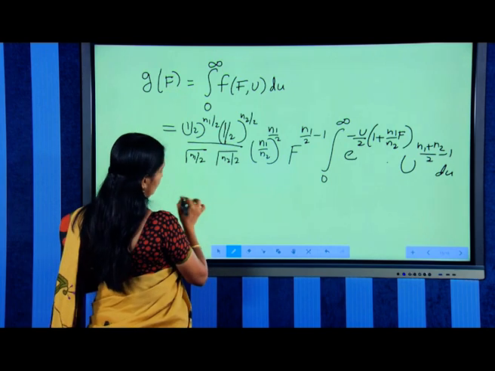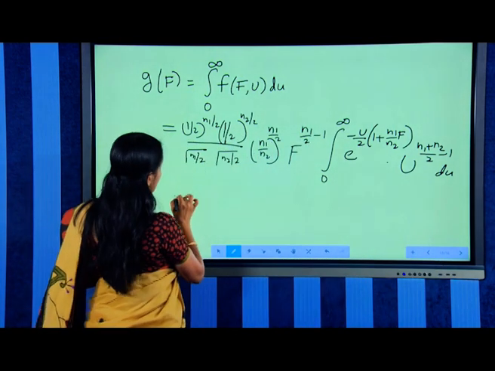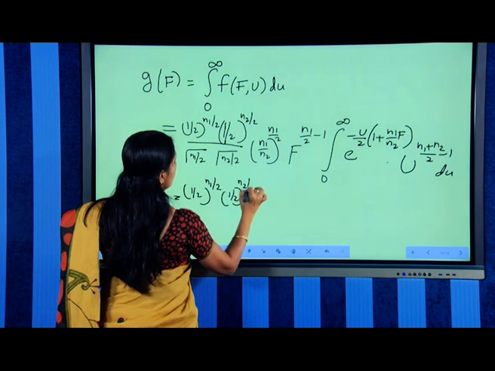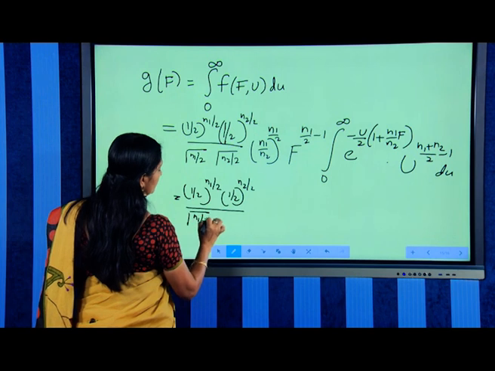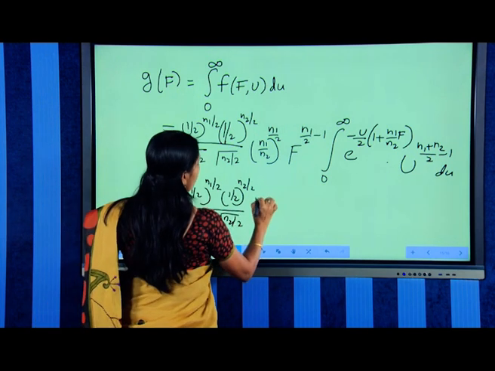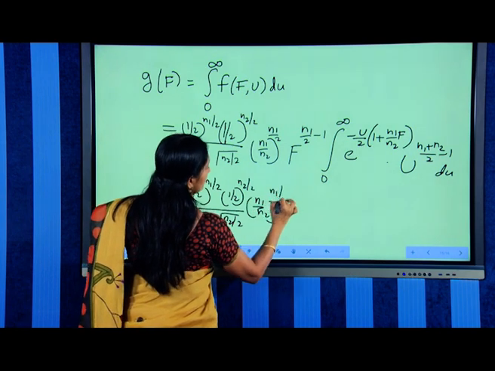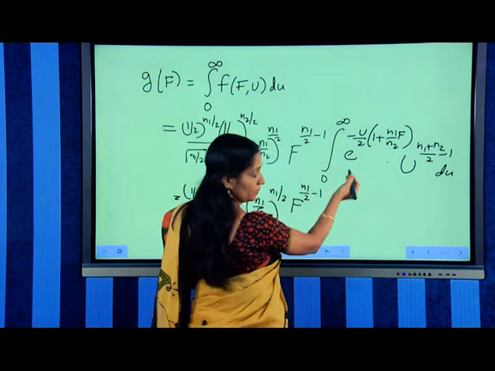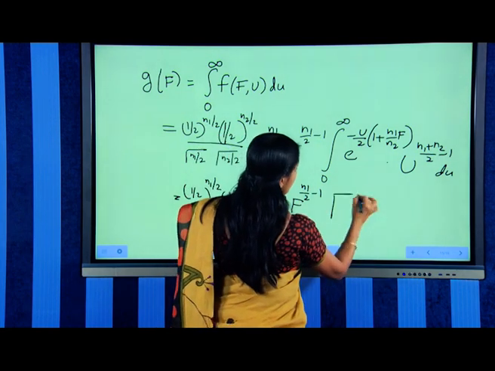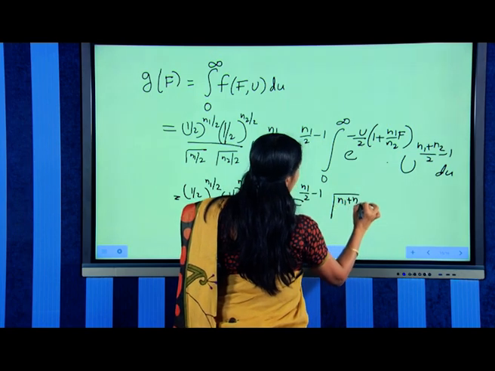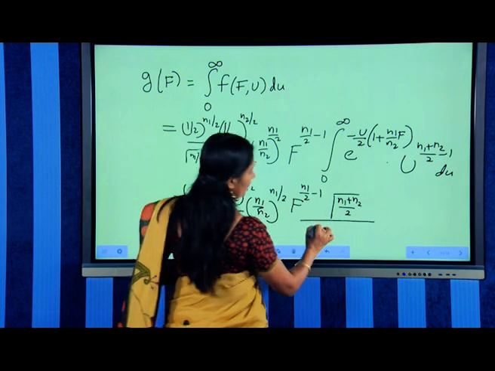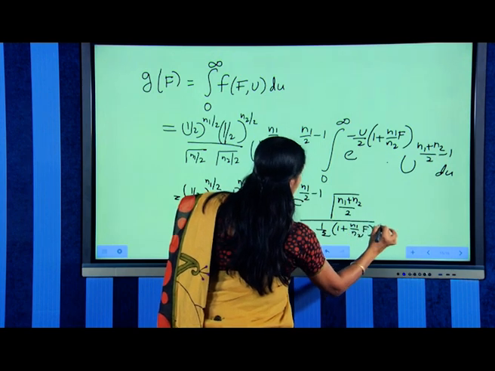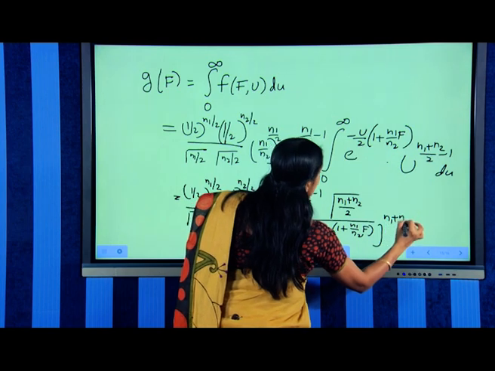and that is equal to 1 by 2 raised to n1 by 2, 1 by 2 raised to n2 by 2 divided by gamma n1 by 2, gamma n2 by 2, n1 by n2 raised to n1 by 2, f raised to n1 by 2 minus 1 into, using the definition of gamma density, gamma n1 plus n2 by 2 divided by 1 by 2 into 1 plus n1 by n2 f raised to n1 plus n2 divided by 2.